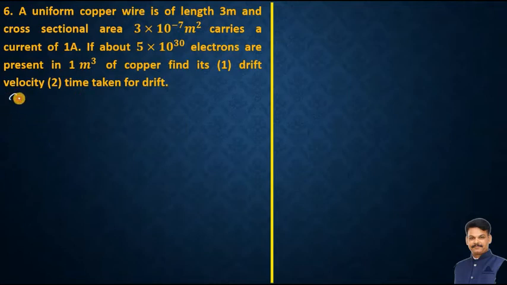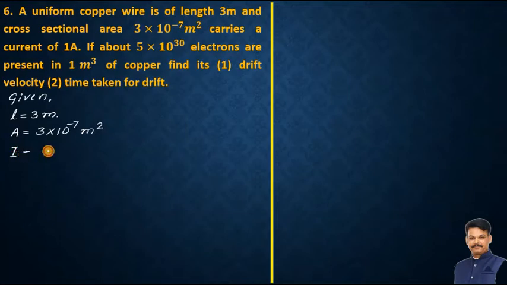First let us write the given things. See, they have given that there is a copper wire of length 3 meter. So I consider L is 3 meter, and cross sectional area, that is A, it is 3 into 10 raised to minus 7 meter square, and it carries a current of 1 ampere.